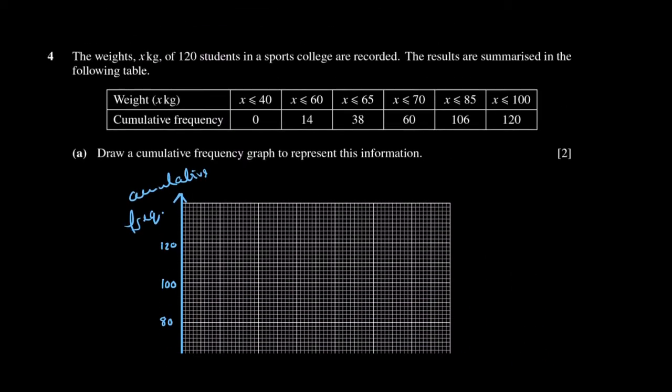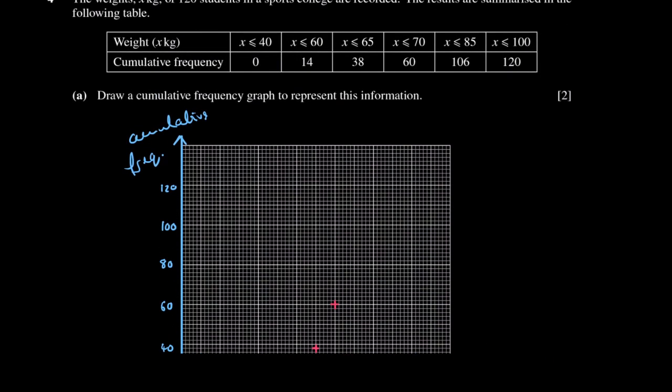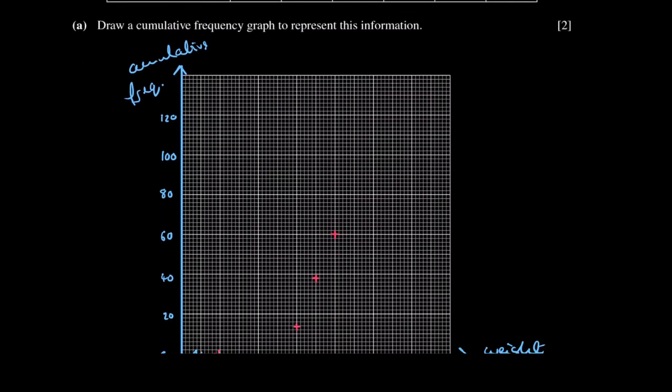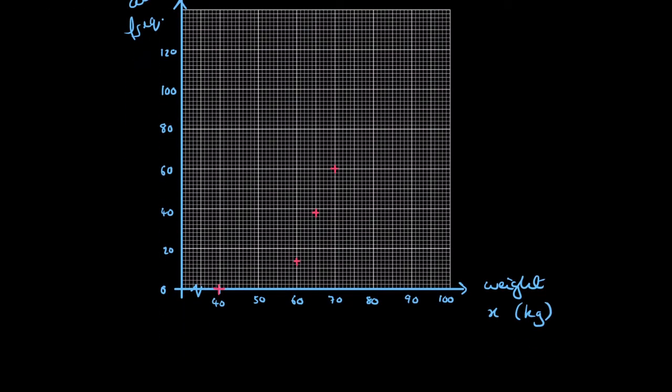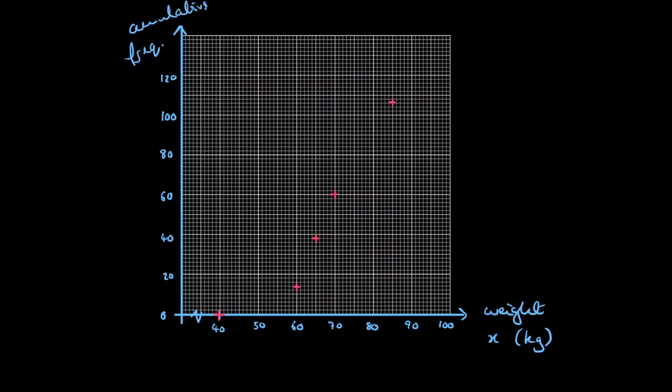Yeah, that should be okay. And then 70, 60, like there. And then 85, 106 is like there. And then lastly was 100 and 120, which is going to be like that.